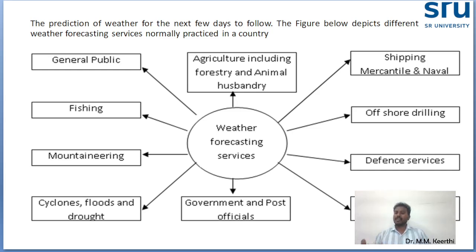First is agriculture, including forestry and animal husbandry areas, shipping people, mercantile, naval, and offshore drilling areas, defense services, aviation people, civil services, civil people, military people, government and post officials, mountaineering, fishing areas, and general public. From all this, we have to predict the different weather parameters.